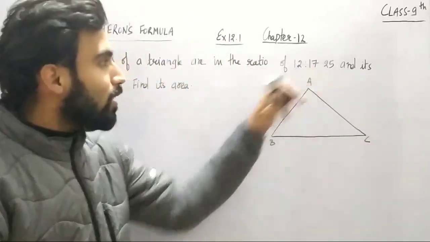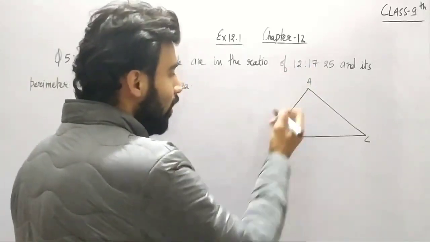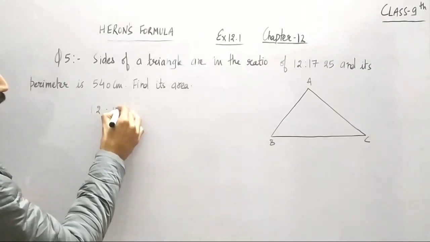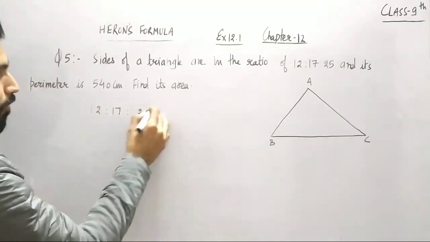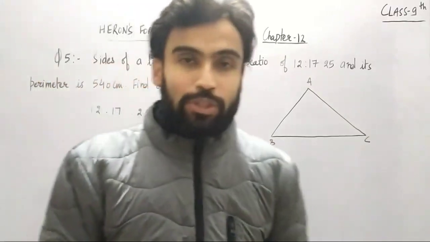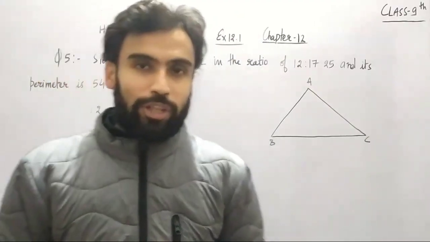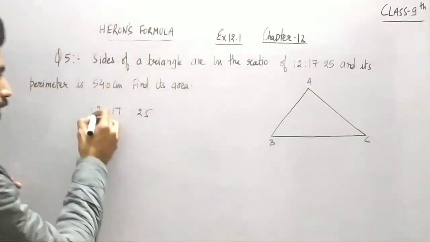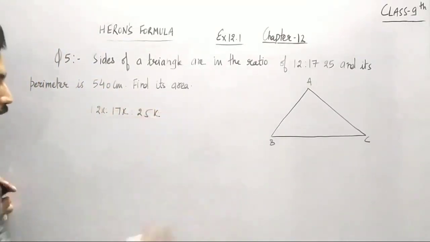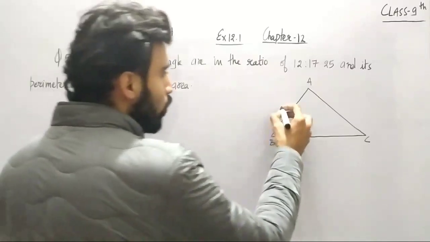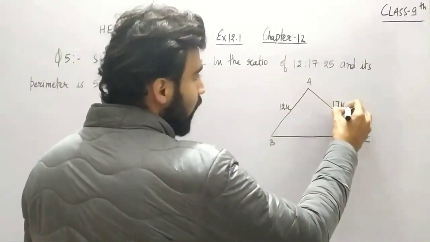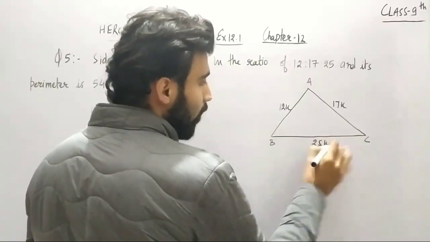Now we know that its sides are given in a ratio. That is, let me just write that. So the ratio is 12:17:25. Now I told you that whenever sides or angles are given in a ratio, what do we assume? Just simply take x with the respective ratios, right? So here I assume, suppose, that this side is 12x, then this is 17x and this is 25x, right?